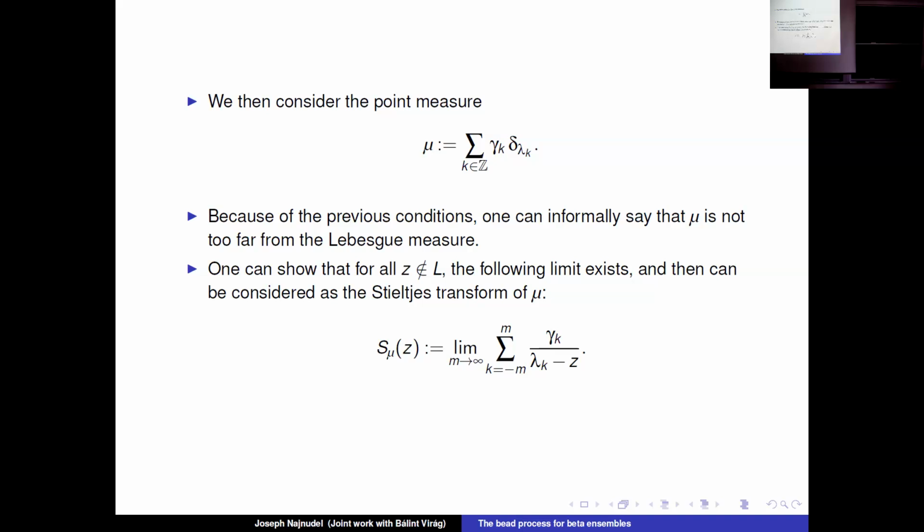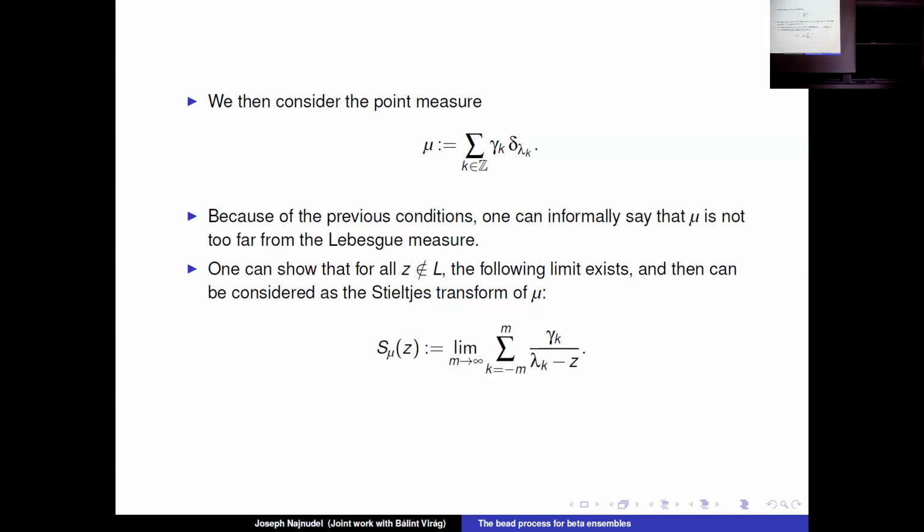So as before, some weight over point minus z. And simply, the thing is that we have an infinite sum, so we need to guarantee some kind of convergence. And here, to get something converging, we symmetrize. So we cut symmetrically between minus m and m, and then we take a limit when m goes to infinity.